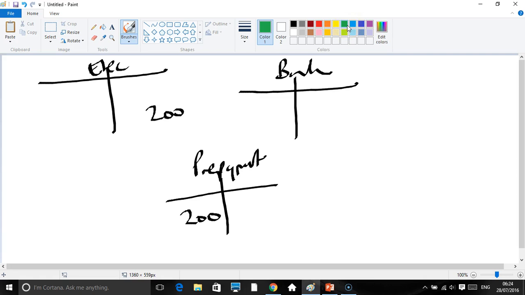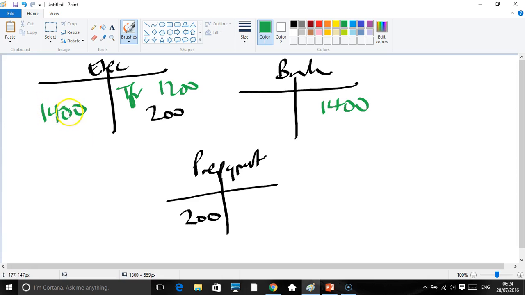Then if you're told you actually paid 1,400 out of the bank, you know that there's 1,400 coming out of the bank, which means that what must be transferred to the income statement is 1,200. This is how you start building up the skill of knowing what goes in where.